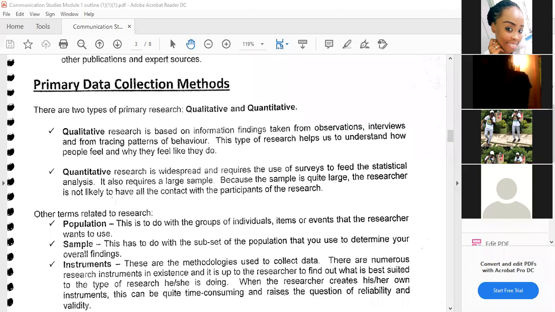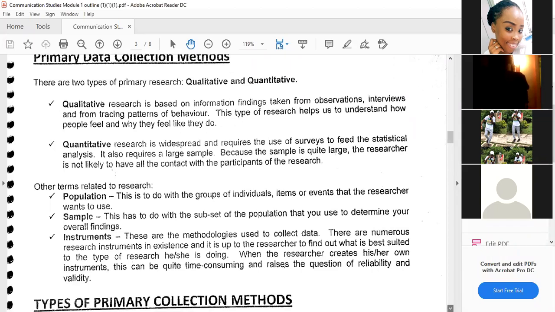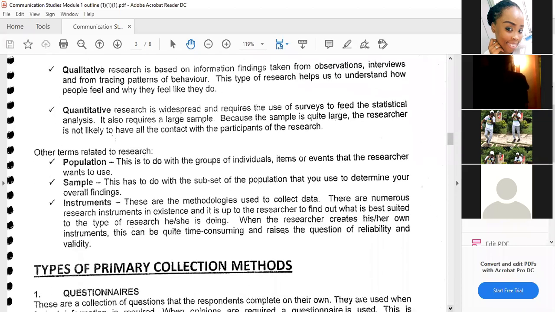So it says population, things to do with a group of individuals, items, or events the researcher wants to use, right? Sample, as Alex says, is a subset of the population that you use to determine your overall findings.